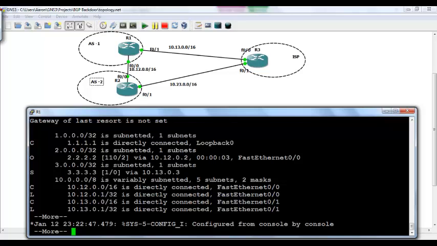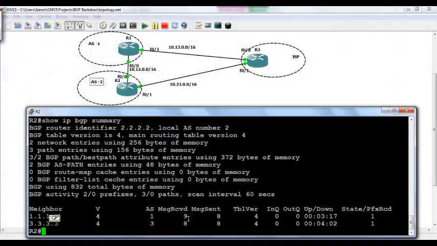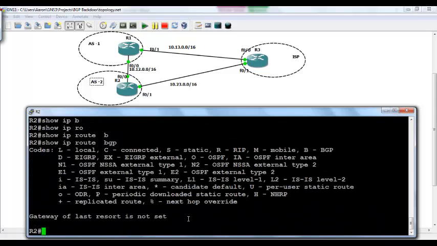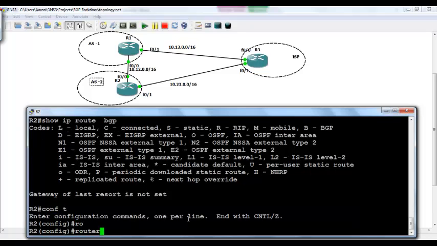I can also show you the same thing on R2. On R2, if I type show ip route bgp, I don't have a route because I have backdoor. Between R1 and R3, and R2 and R3, I have static routes because, as I told you, Autonomous System 1 and Autonomous System 2 work together. So they have a common routing protocol, IGP, OSPF, whereas between R1 and R3 and R2 and R3, I don't have a common routing protocol.